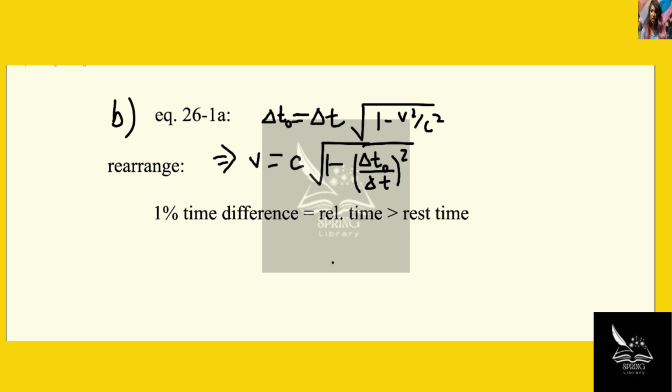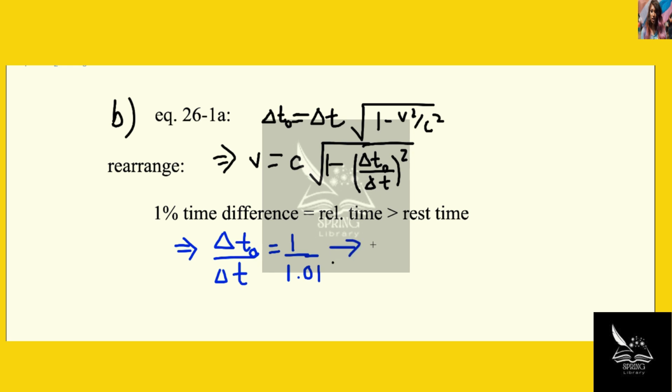And so what that gives us is that delta t naught over delta t will in this case be 1 over 1.01, because the moving clock runs slower, measuring a longer time than the rest time, right?